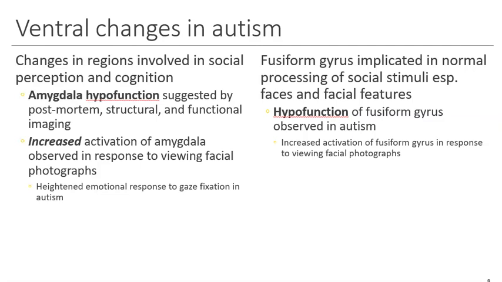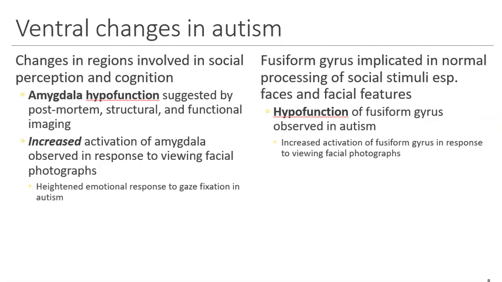The fusiform gyrus is implicated in normal processing of social stimuli, especially the faces and facial features. So we see hypofunction of the fusiform gyrus observed in autism, which again makes sense because with less use of that fusiform gyrus, then we see those symptoms in some autistic patients.